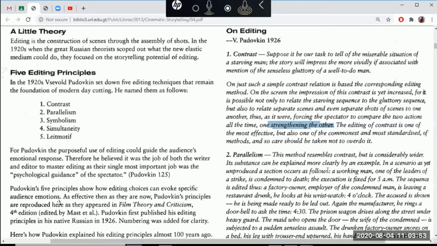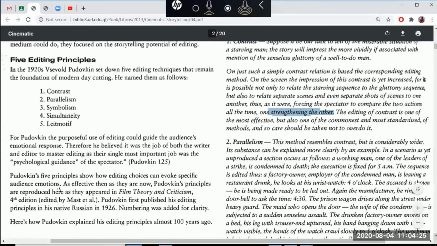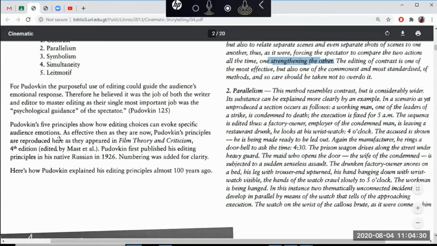So if a poor man is starving and a rich man is having a variety of foods on his dining table, the overall meaning of the two different shots would be strengthened through the contrast. The contrast would make it very difficult for the viewer to forget the difference between the situations of the two. So contrast is a very meaningful form of editing, and when you use different kinds of shots, the contrast is made stronger.